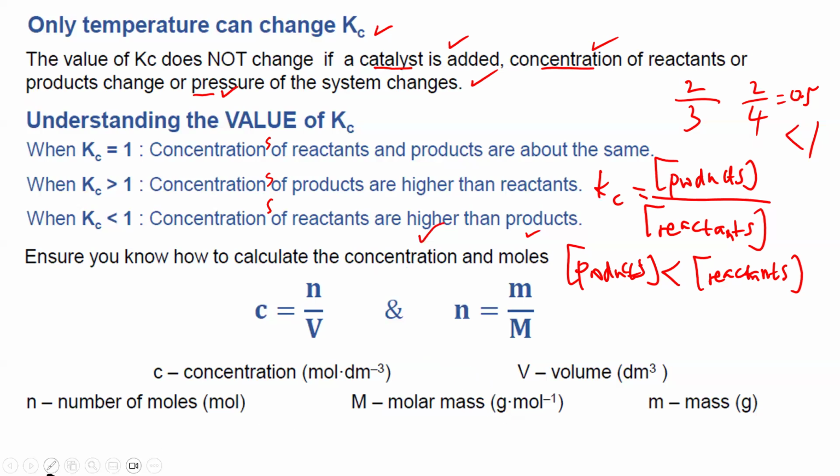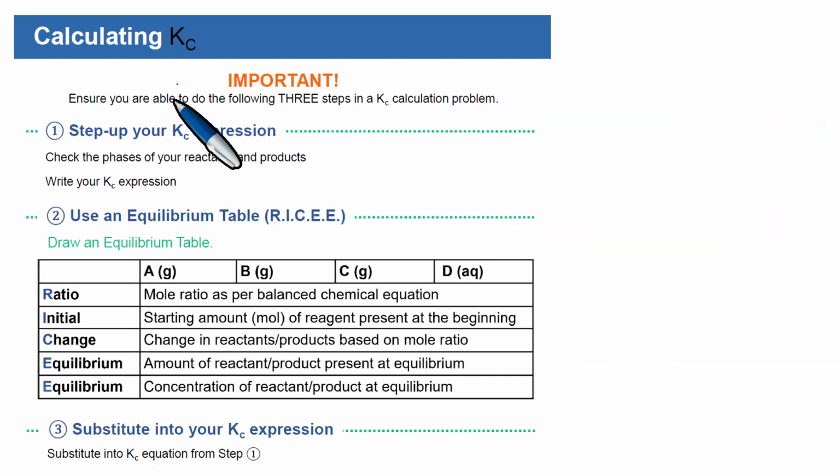Now, let us continue. Let's look at more things. Calculating Kc, and why is it important to calculate Kc? Ensure you are able to do the following 3 steps in a Kc calculation problem. Step one, set up your Kc expression. Check the phases of your reactants and products, and write your Kc expression.